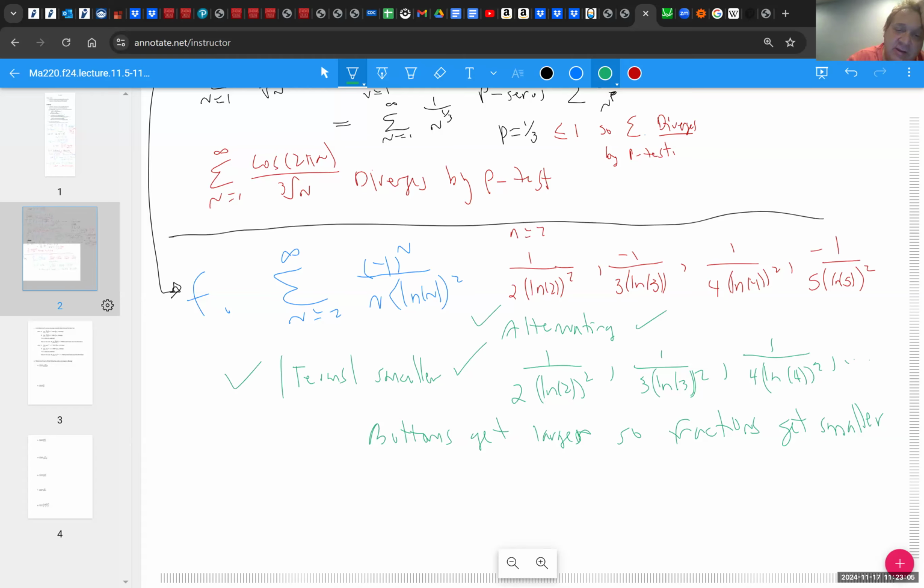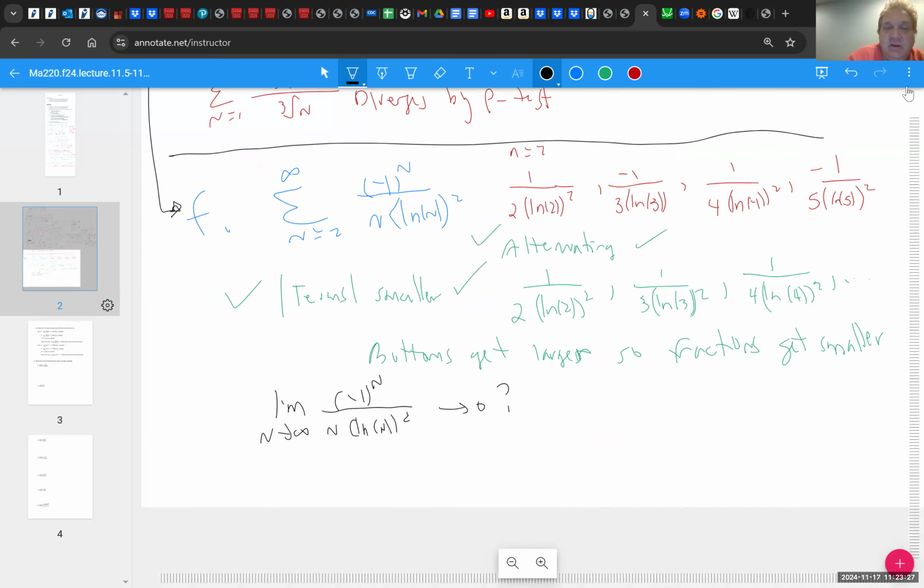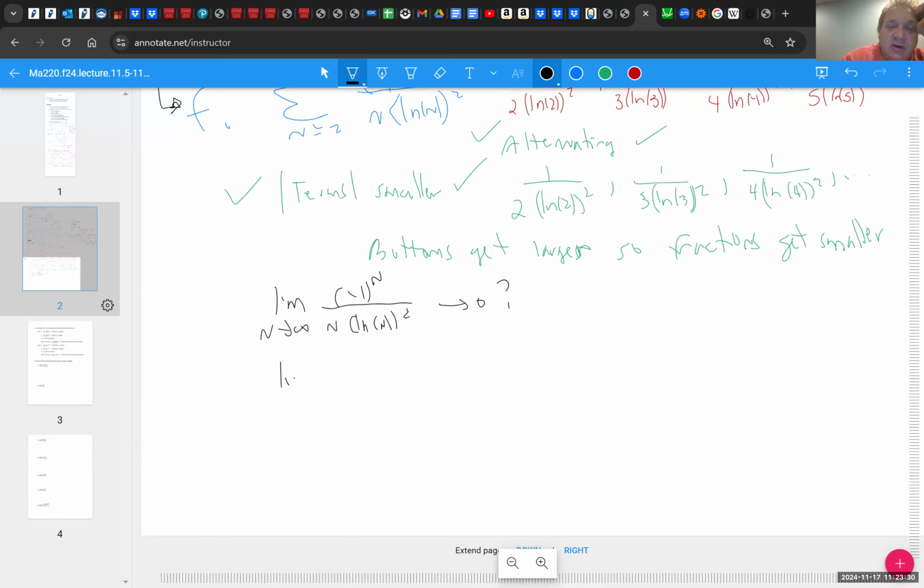So we know the terms get smaller. We know it's alternating. And the last thing we need to know is whether the limit of that sequence goes to zero. We need to know that as well. So we're going to get rid of the negative parts and focus on the absolute value of this sequence. Well, the top goes to 1.